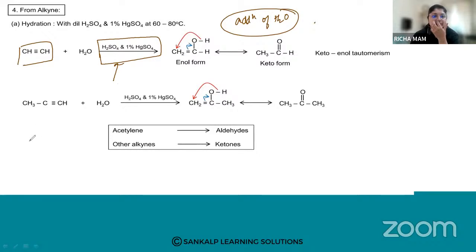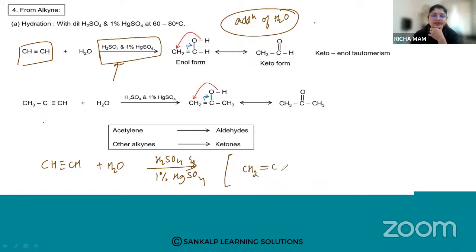So what we are doing here, we have taken CH, triple bond, CH. This is acetylene. So when we add a water molecule in the presence of H2SO4 and 1% HgSO4, it will undergo a keto-enol system.